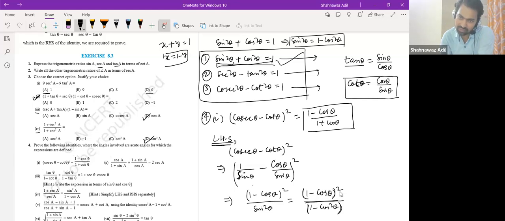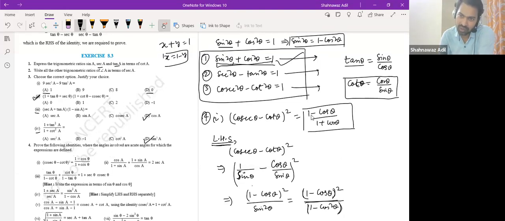This is 1 minus cos theta into 1 minus cos theta. So which means that we have to cancel 1 minus cos theta. If I take the root in here, then I'll have to take the root in here also, right?